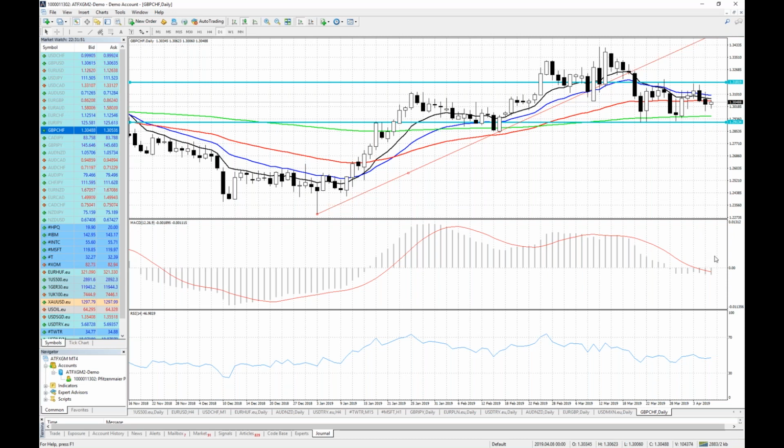What is convergence? Well, you can see when price made this low, MACD had a certain value. When price tested this level for the second time, MACD had another value. And as price is now about to test this level, maybe for a third, maybe even a fourth time, MACD will also make a low. What I want to see is that the lows for each of those tests, at least for the last one, also make new lower lows.